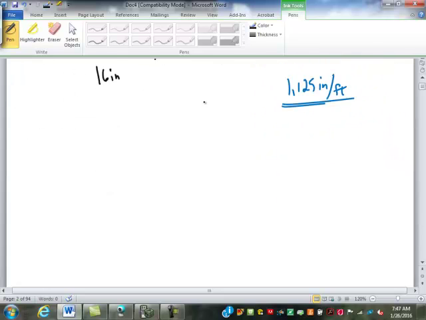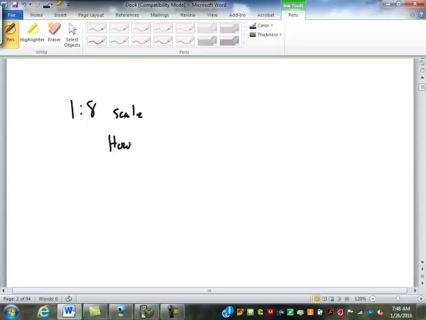Okay, well, let's do another one. Let's say that we have a 1/8 scale. How big do you draw a 4 1/2 inch part?